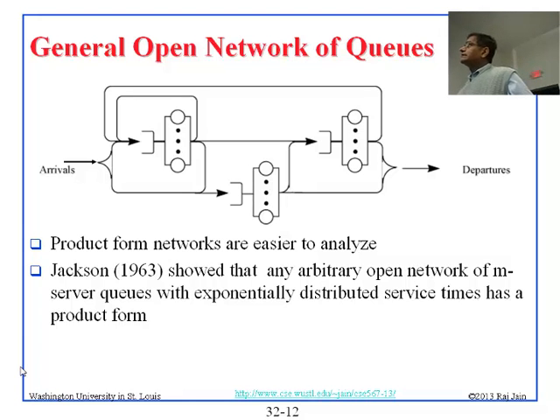His result was that if you have a network of, well, I wouldn't call it M/M/M, but basically, if you have exponential servers in parallel, and you have any arbitrary network of those exponential servers, then it has a product form result.